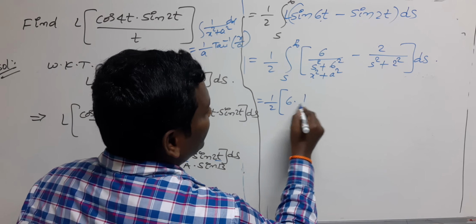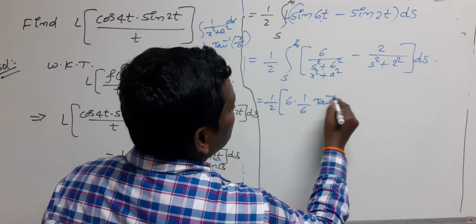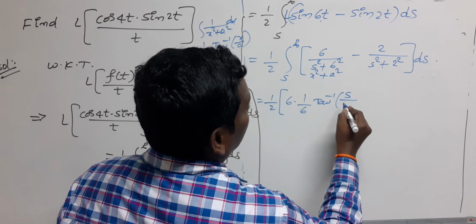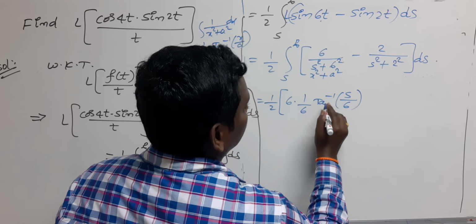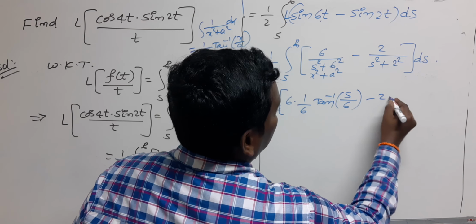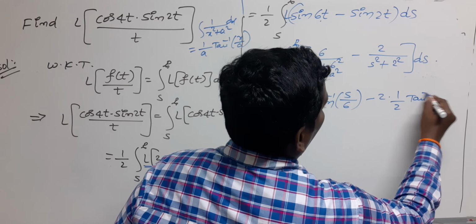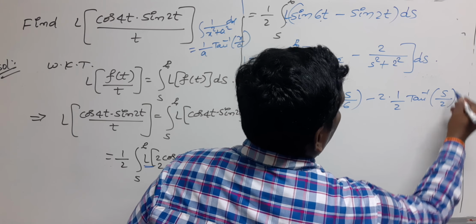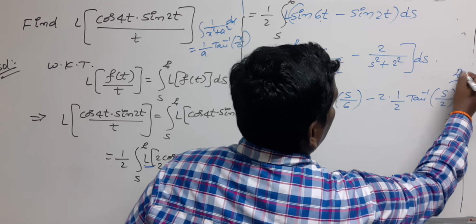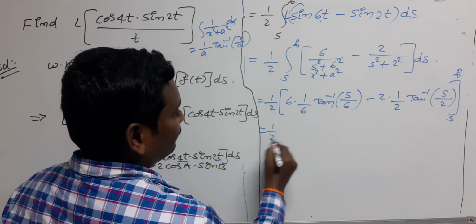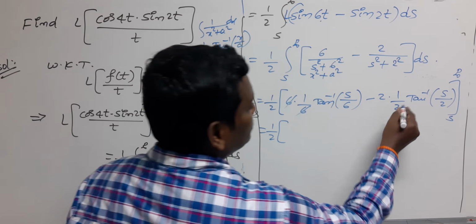And 1 by a means 1 by 6 into tan inverse of s by a, which is 6. Minus 2 is there in the numerator, 1 by 2 into tan inverse of s by a means s by 2 within the limits s to infinity. So half into 6 getting cancelled, 2 getting cancelled.